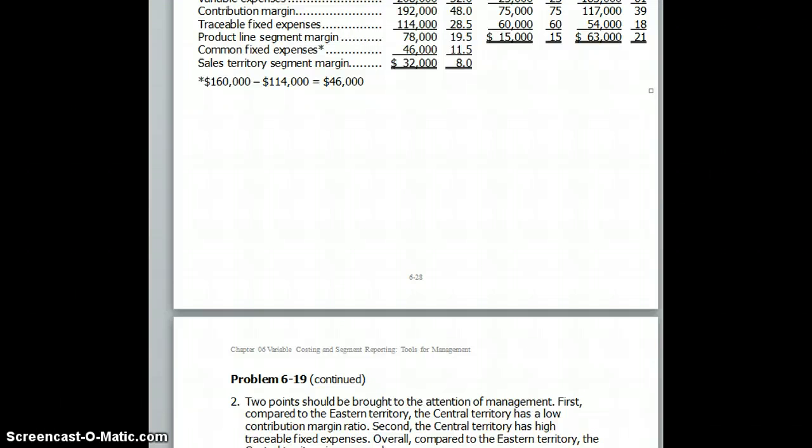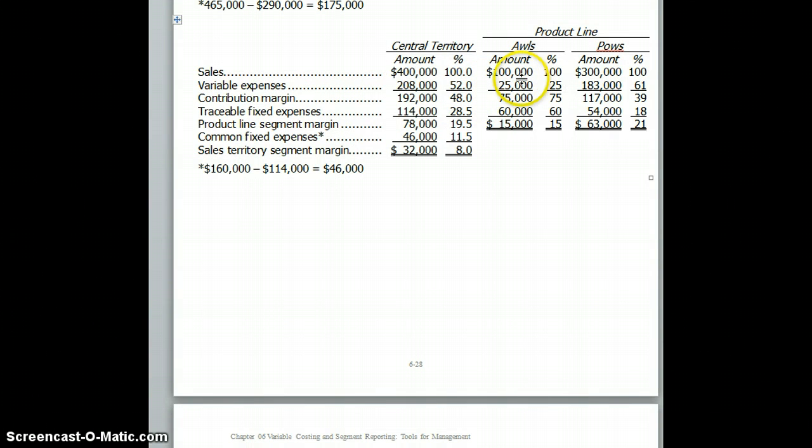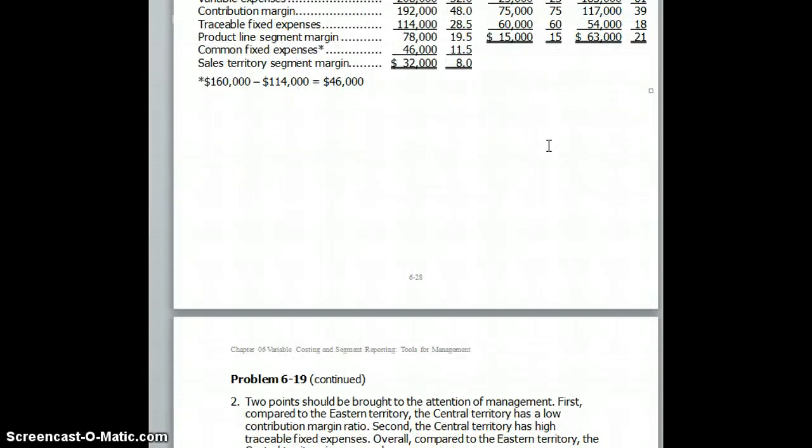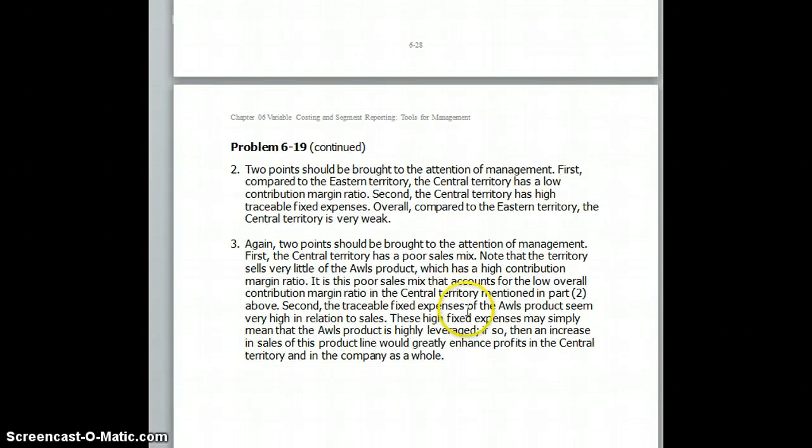Just by looking at the two products, Alls versus PALS, you can see that the Alls are a much more profitable product. 75% contribution margin compared to the 39% of PALS. However, we only have $100,000 of revenue from Alls. We have $300,000 of revenue from PALS. So if there is some way we can improve the mix where we sell more Alls than PALS, we could improve the overall profitability of this territory.